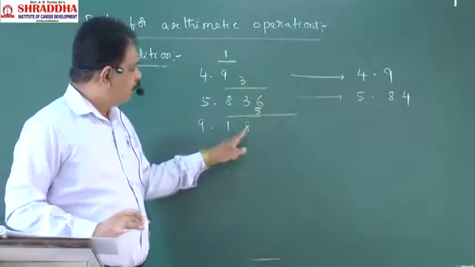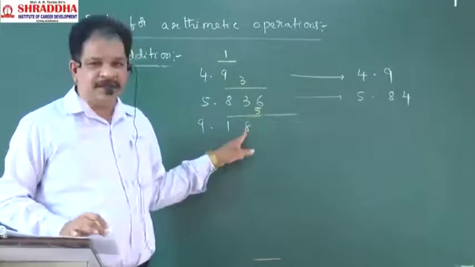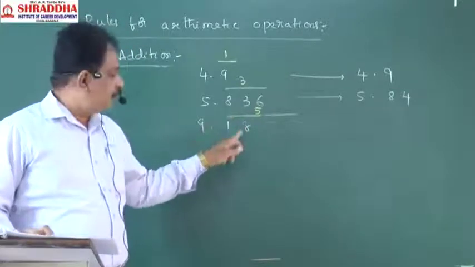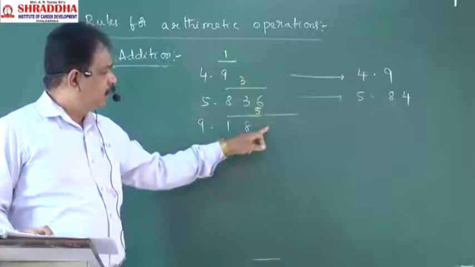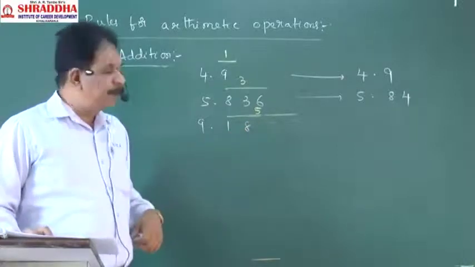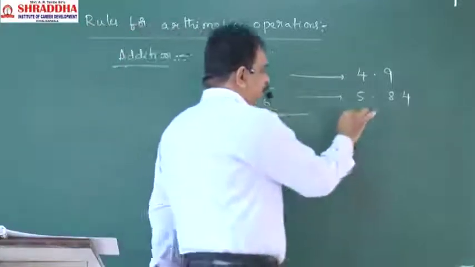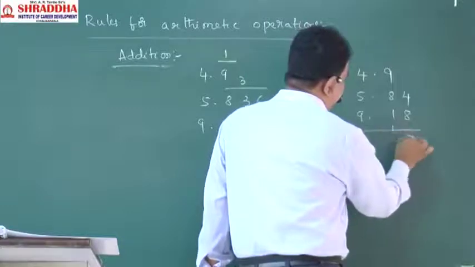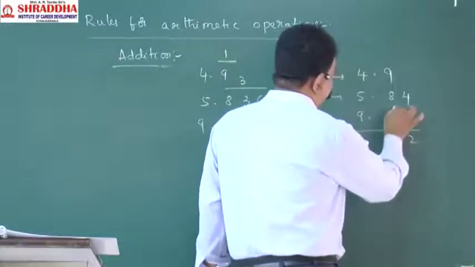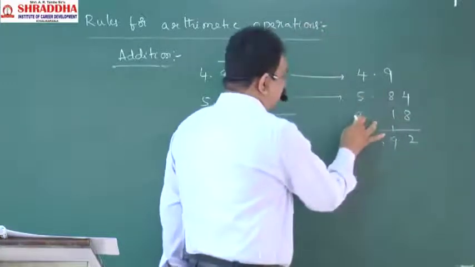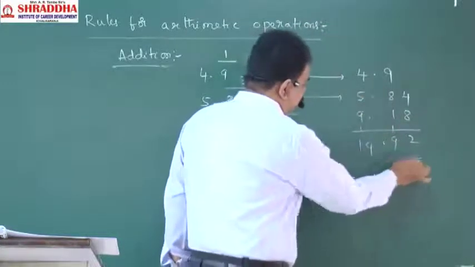So you remove 5. Here the preceding digit is not increased because it is an even number. 8 is an even number. So if you discard 5 also, nothing will happen to the preceding digit. So this value is 9.18. 8 plus 4 is 12. So 10, 19. So 9, 9, 18, 1, 19.